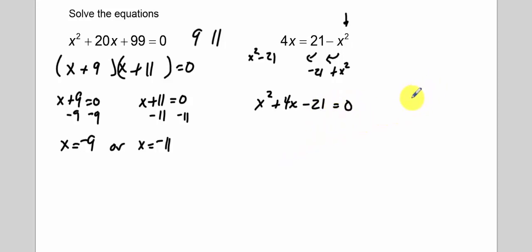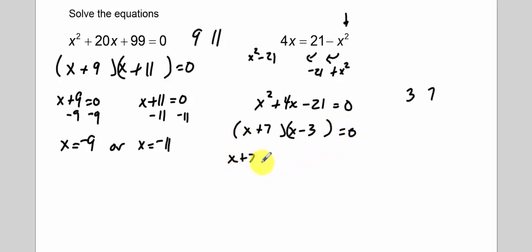List my multiples of 21. I don't necessarily have to look at all of them because I know 1 and 21 won't work, so I'm just going to try 3 and 7. That's going to get me 4x. I need a positive 7 and a negative 3 to multiply to a negative and get me a positive 4.